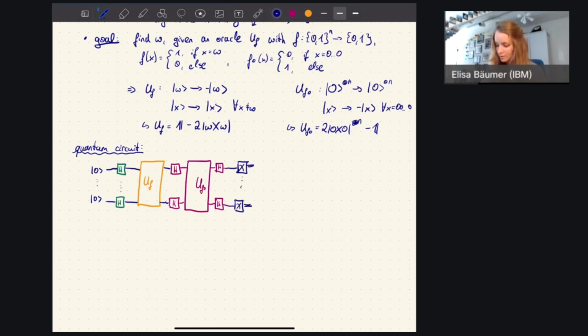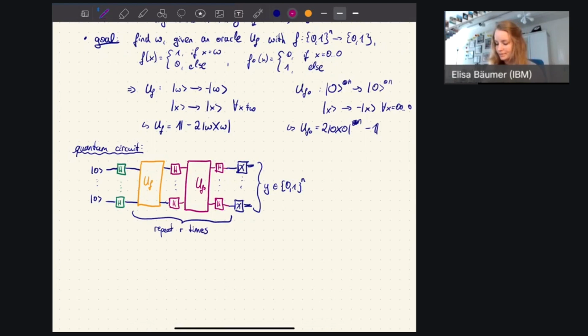The output is just some state y. It is a bit string consisting of n bits. However, what we actually also do is we repeat this whole cycle r times, where r depends on our number of qubits.